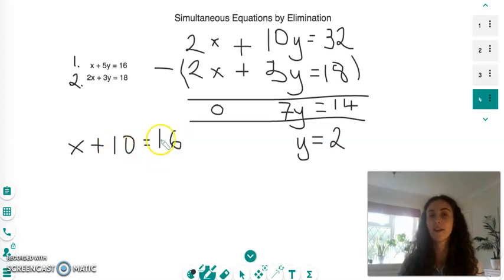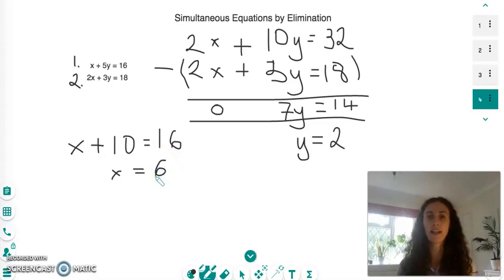So now we've got one equation with just one unknown in it, just x we don't know. So we can work out what x is by subtracting 10 from both sides. x plus 10 minus 10, that's just x. And 16 minus 10 is 6. And there we have it. We've worked out that y equals 2 and x equals 6.